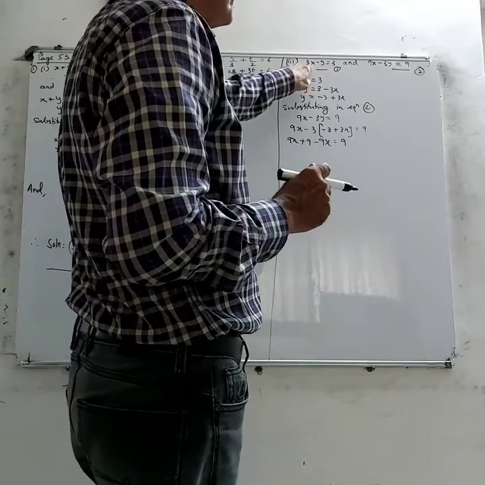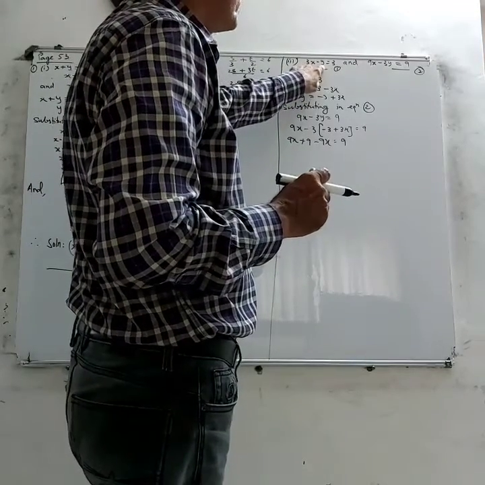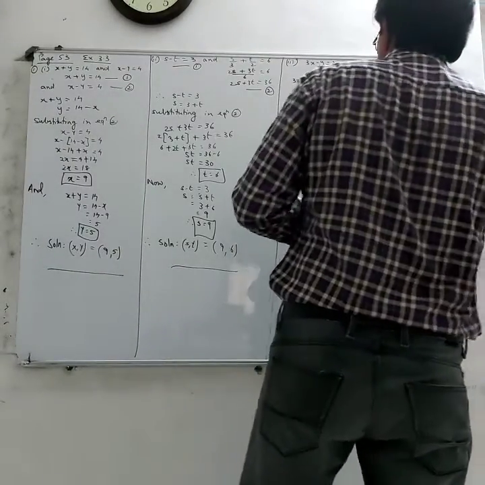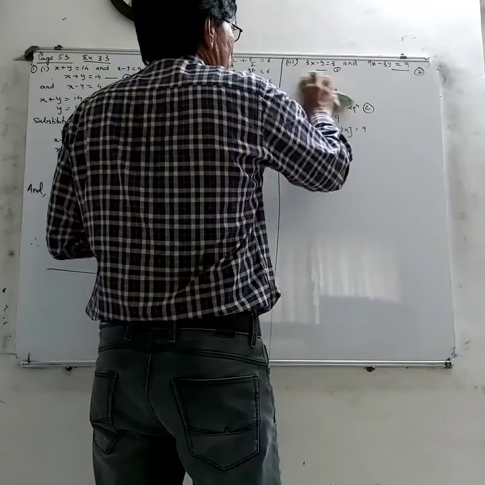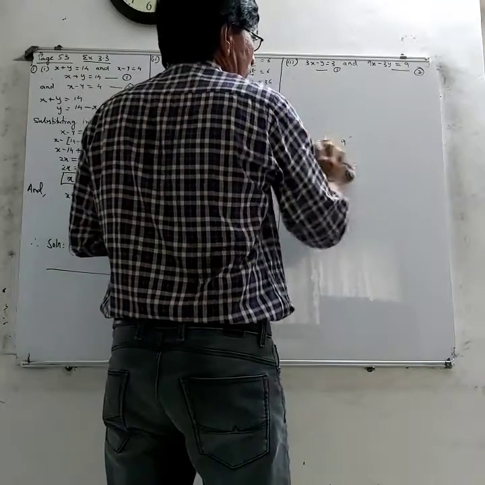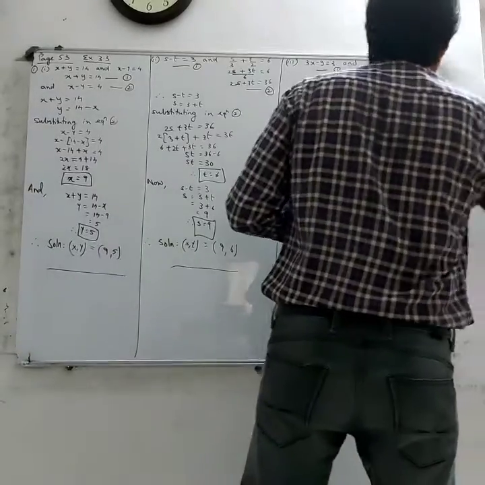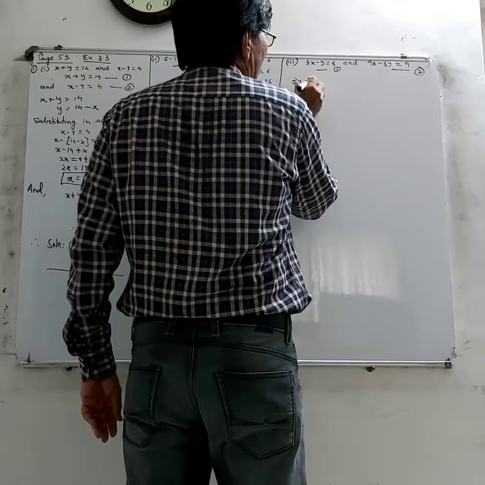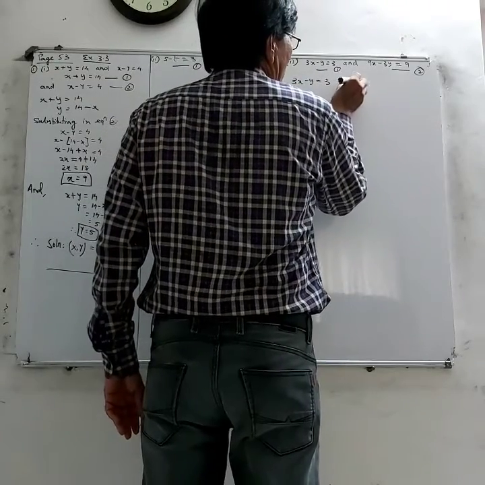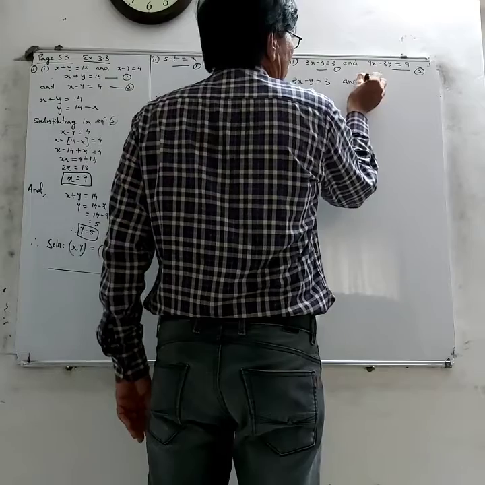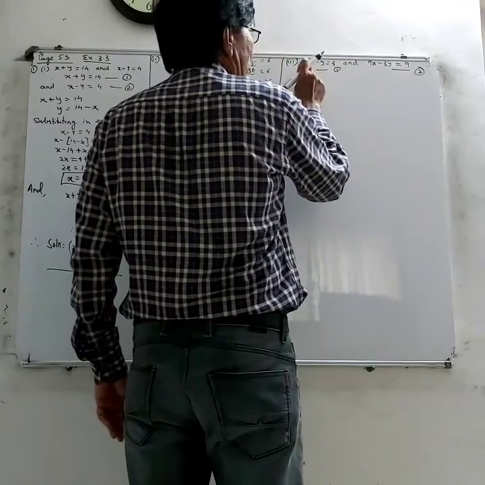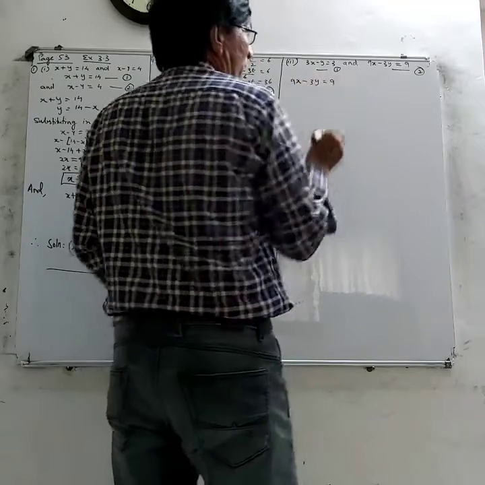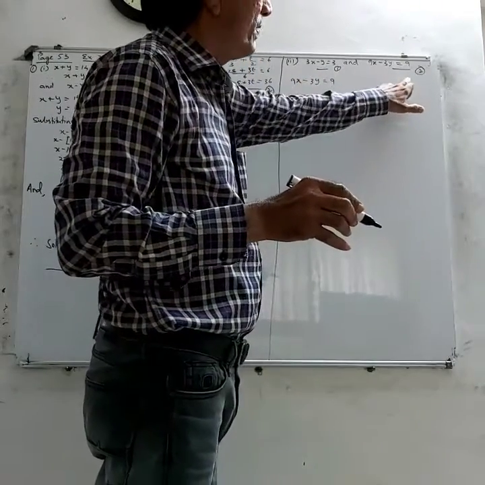Now you can see if I multiply the first equation by 3, I get 9x minus 3y is equal to 9. For this there is no need to solve it, simply because they are both the same equations. If I multiply this equation by 3, 3 threes are 9x minus 3y is equal to 9.